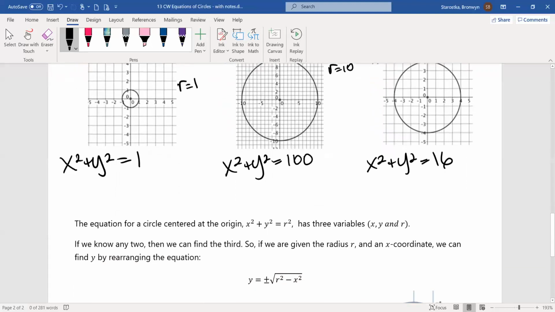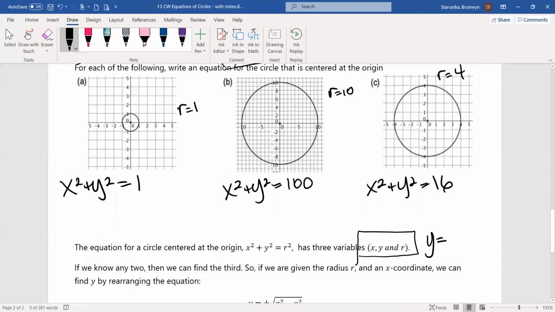The equation for a circle centered at the origin is x squared plus y squared equals r squared. It has 3 variables: x, y, and r. And you know on your graphing calculator, you can't put in what is y squared equal or what is x squared equal. It's always what does y equal.